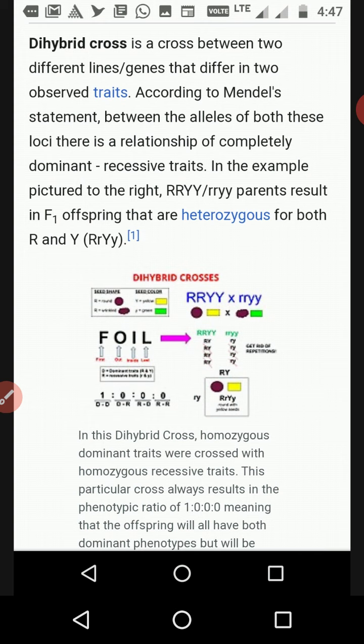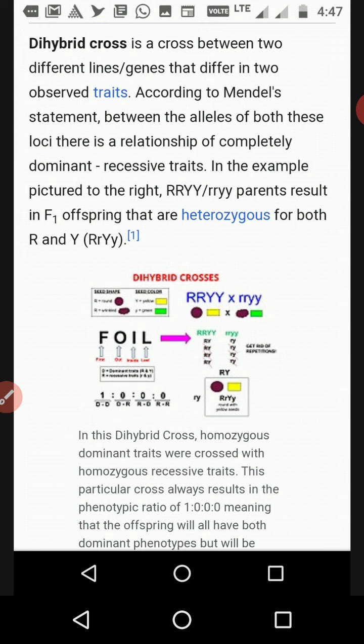Mendel said in a dihybrid cross, between two different lines or genes that differ in two observed traits, the alleles of both these loci have a relationship of completely dominant and recessive trait, completely dominant in the F1 generation.